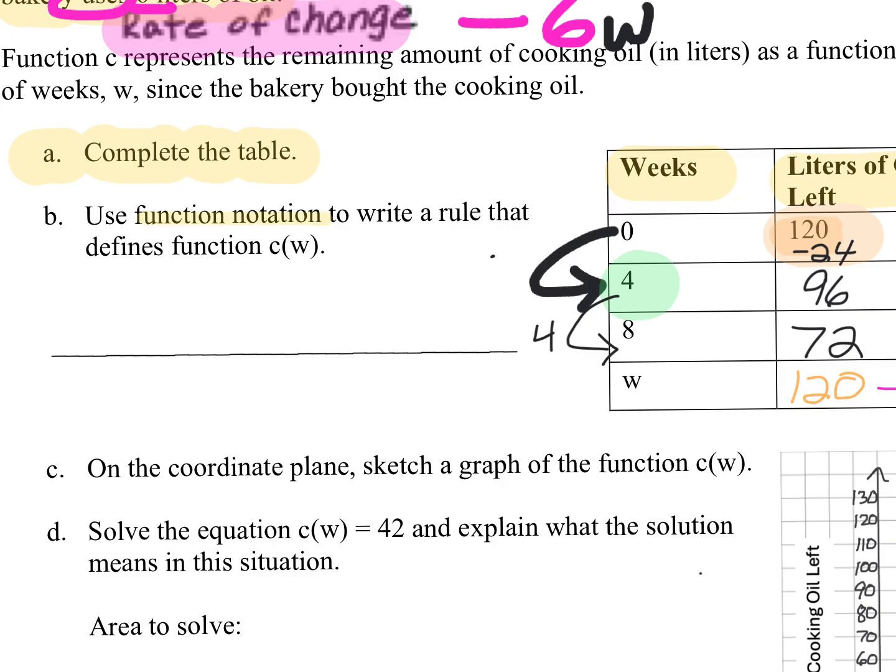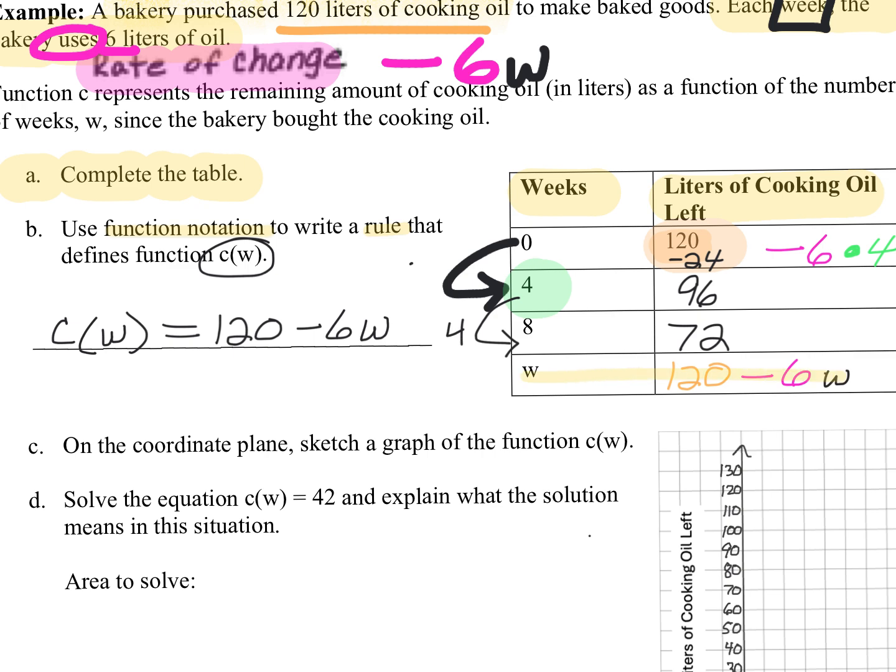And the function notation to write the rule using C of W, which stands for the cooking oil as a function of weeks, is equal to that initial value minus the rate of change. So we're taking this and using it to make our rule.